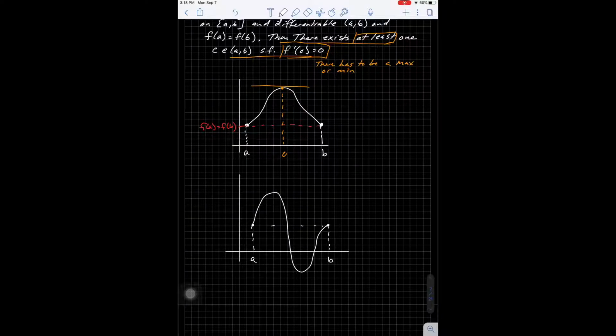The f of a and f of b values are the same. And here we have actually two c values. One right here, we'll call it c1, where the derivative is 0, and one right here, we'll call it c2, where the derivative is also 0. You could have multiple, okay? It could zigzag up and down quite a bit. All right, so that is what Rolle's theorem says.